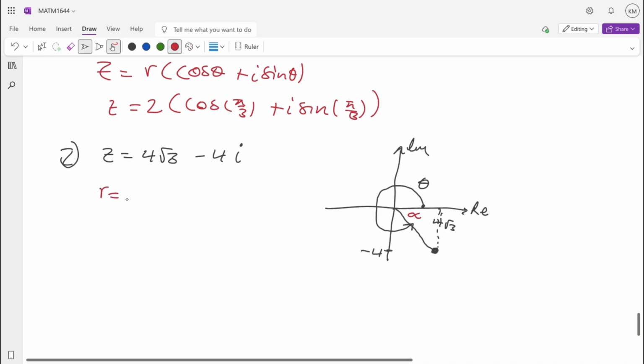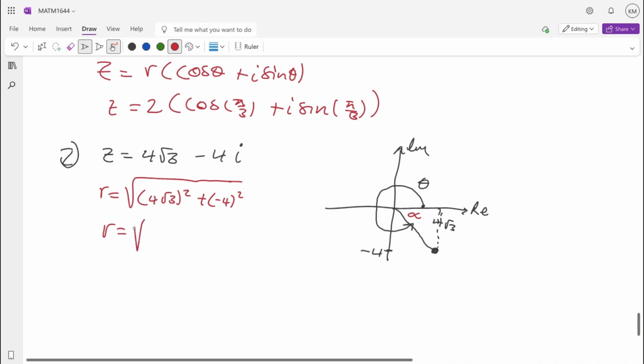So we can quickly start by calculating our modulus r. We know that it's going to be 4 root 3 squared plus minus 4 squared. So r will be equal to the square root of: 4 squared is 16, multiplied by root 3 squared, which is 3, so 16 times 3.